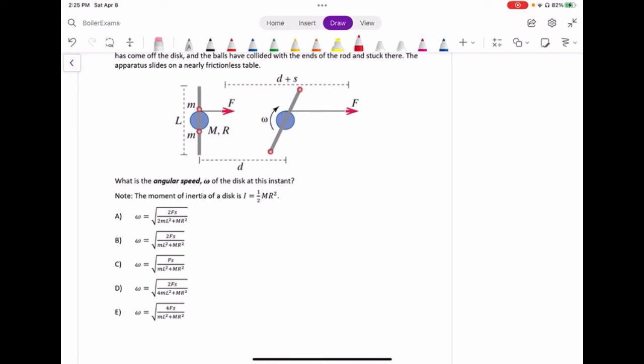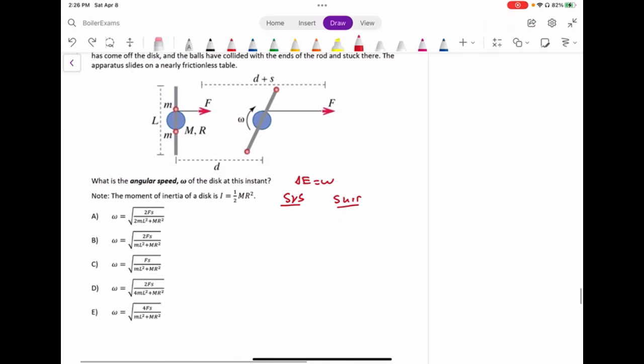Since we know now that we got to use both, let's start with the point particle system so it'll be a little bit easier. So delta E equals work. System, surroundings, the system here. What do we want to call this?